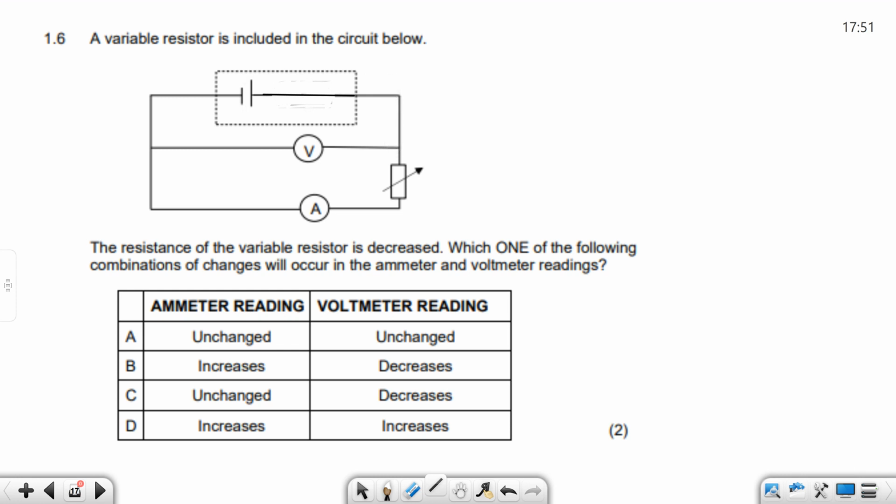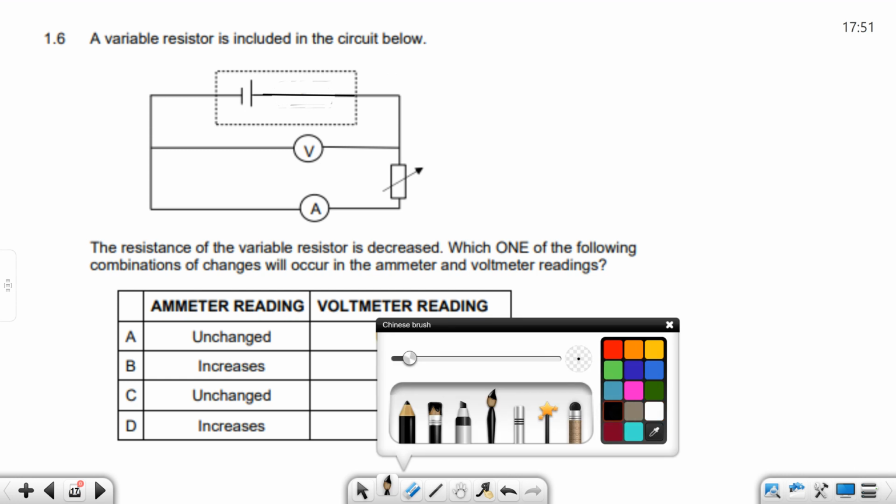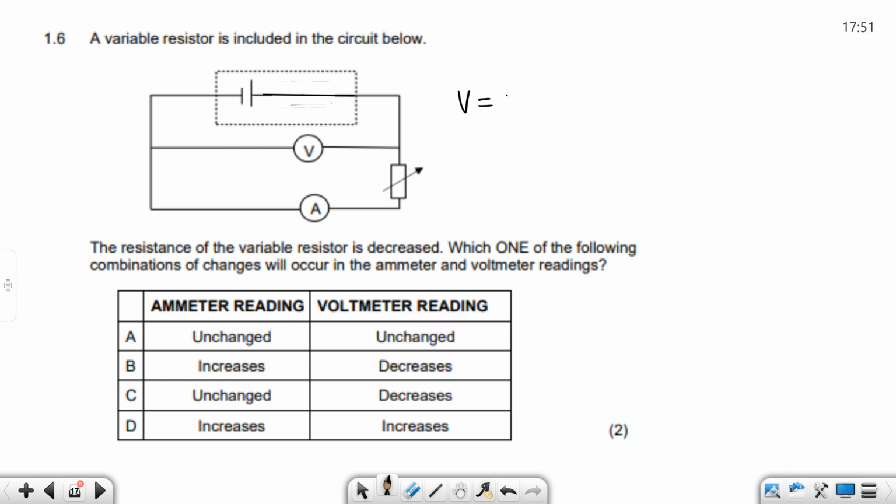Now, what will be our answer? Let's answer this. We know that V, it's now a bit simpler, equals to what? IR. Is that okay? And we know that current and resistance are what? Inversely proportional.